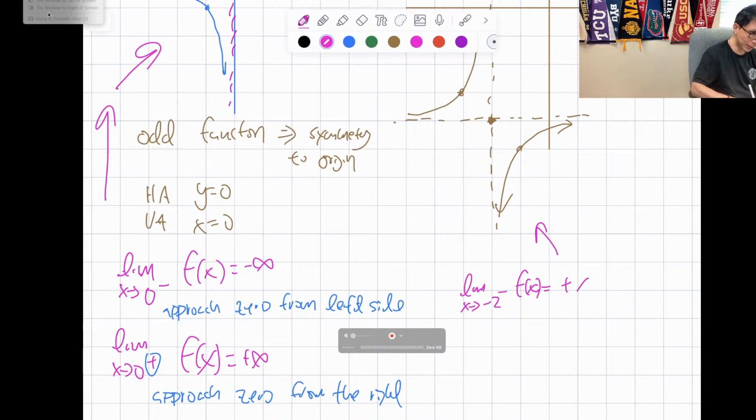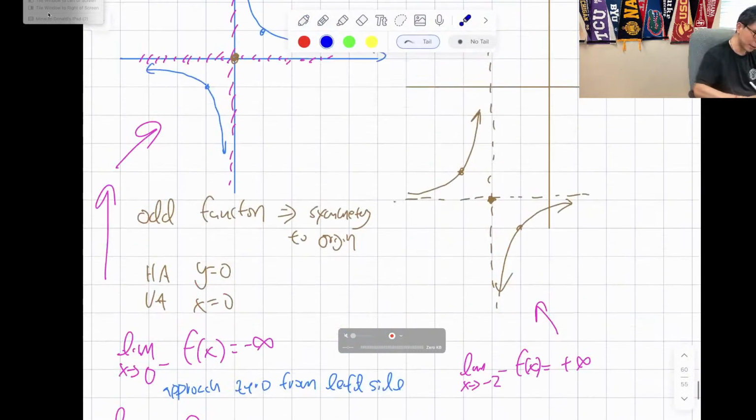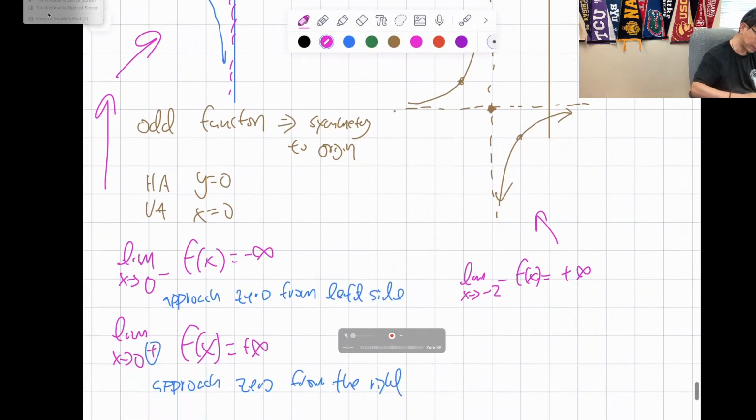That's good, because if you approach -2 from the left side, then it's going to go like this. And also limit x approaches -2 from the positive side. What is that equal to? Negative infinity, because it's going down.